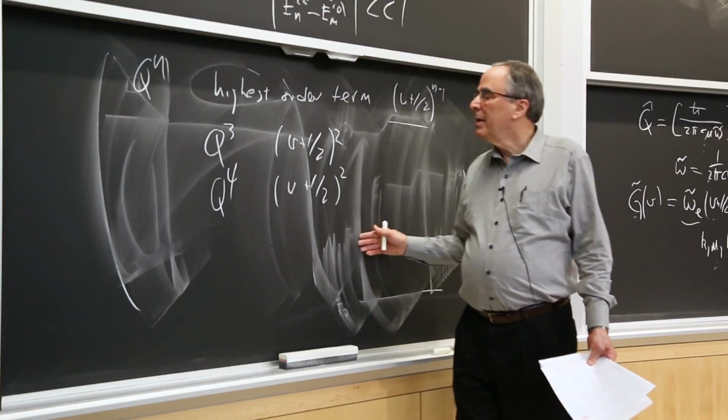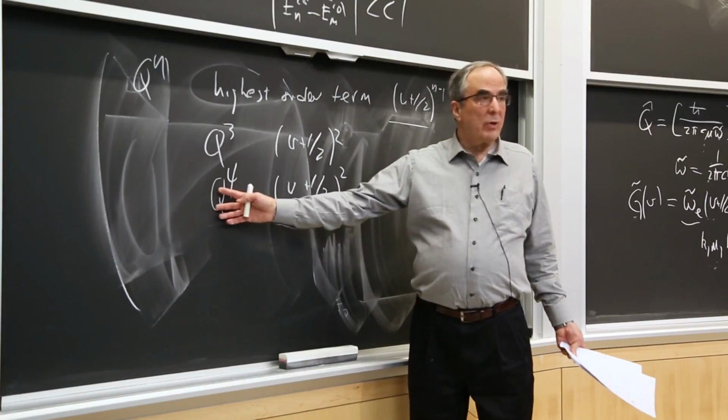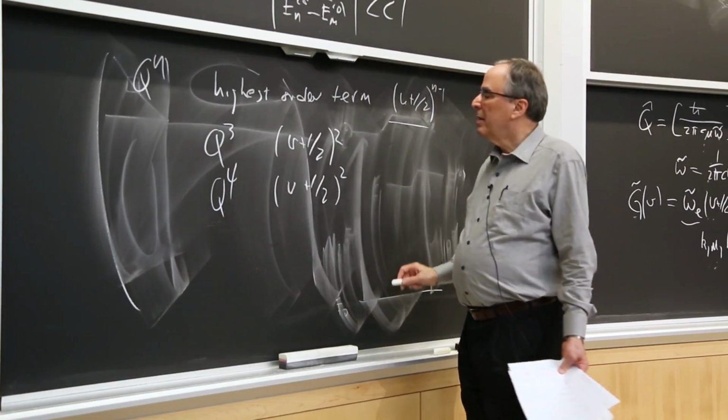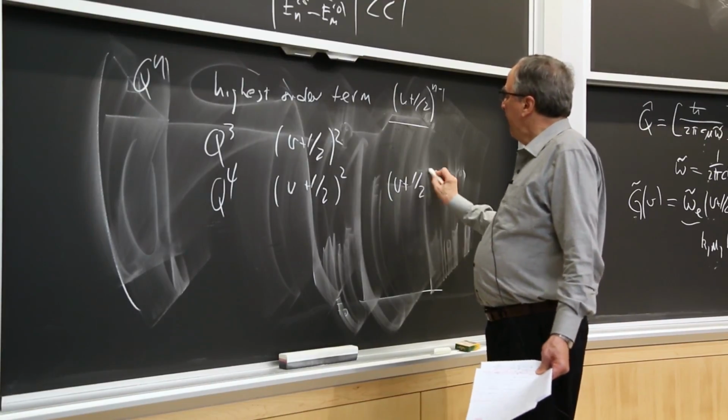And the off-diagonal matrix element, from the highest order from the off-diagonal, is (v plus a half) cubed.